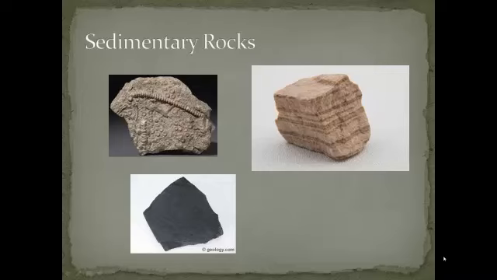Here are three of the more common sedimentary rocks. The one on the upper left is limestone, and interestingly enough, this picture of limestone has some fossils in there, and fossils can only be found in sedimentary rocks. In igneous rocks, you're looking at magma, and that would destroy any fossil evidence.